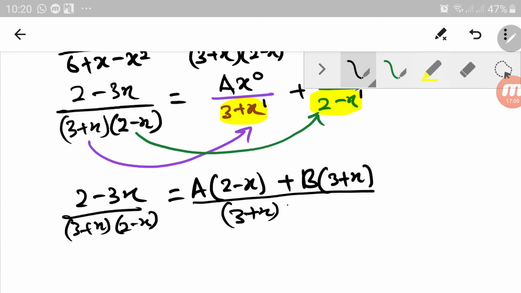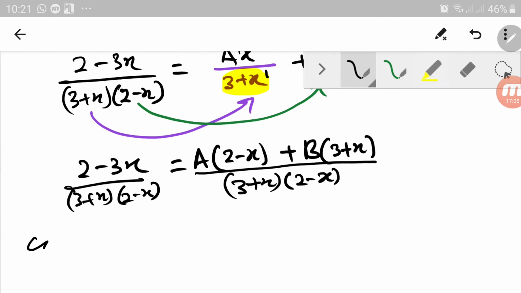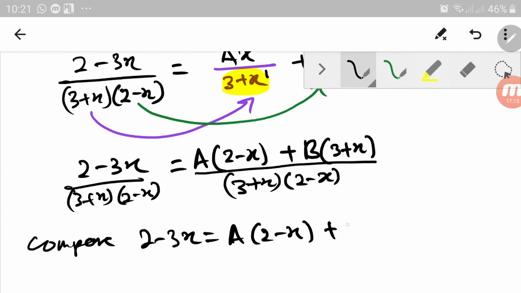And then this is everything. You just combine them since this is the objective. Now we can compare 2 minus 3x. Oh, my 3 is horrible. A 2 minus x plus B 3 plus x.